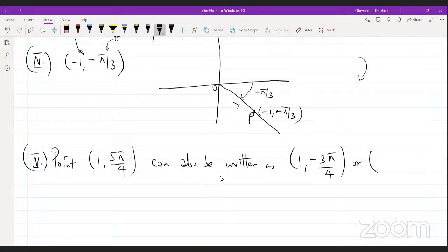Or if we want, we can write it as 1, 13 pi over 4. So these are basically equivalent. I hope it makes some sense, guys. If it does, let's make some progress.